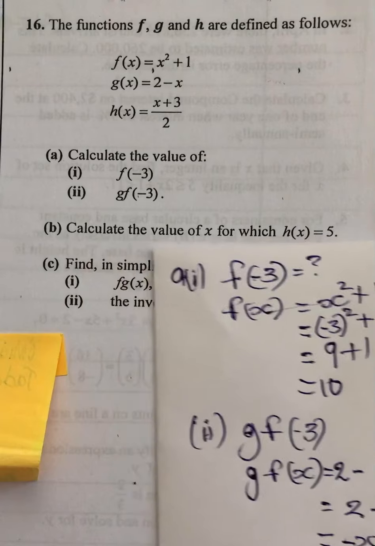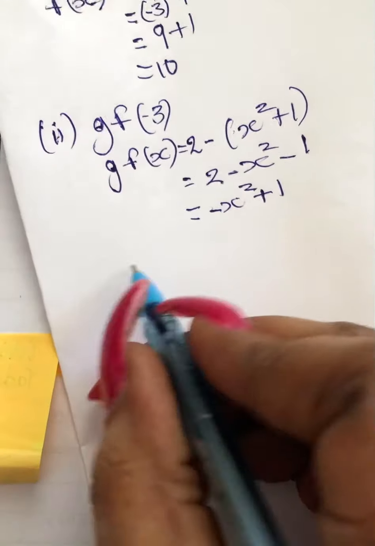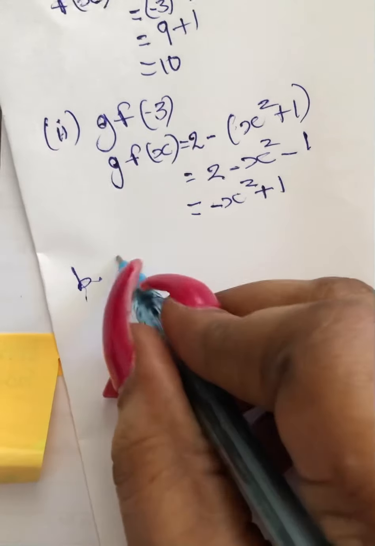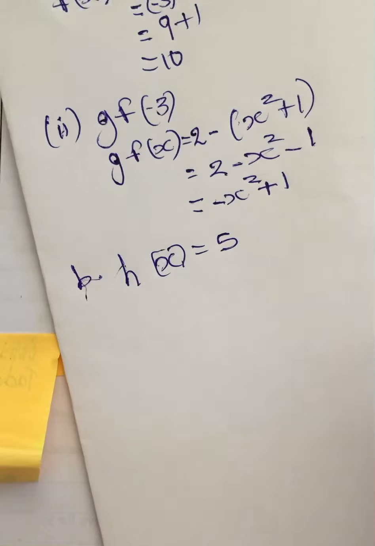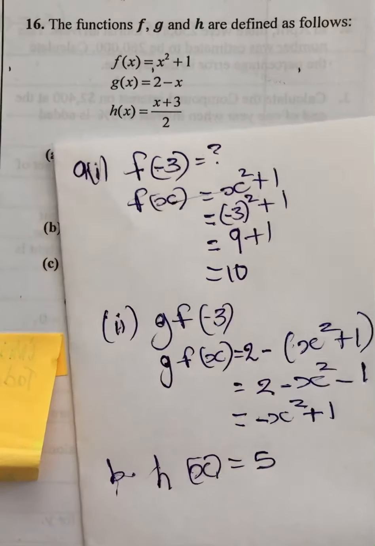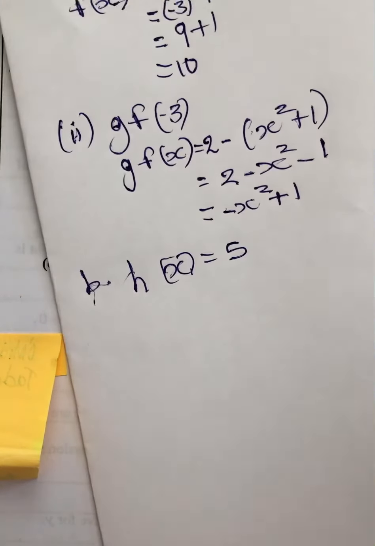Part B asks me to calculate the value of x for which h of x is equal to 5. Now I'm going to have an equation. h of x says x plus 3 divided by 2.